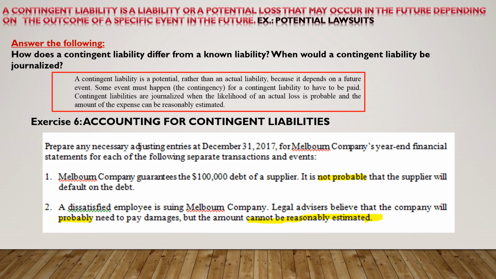Let's start with requirement number 1. Melbourne Company guarantees the $100,000 of the debt of a supplier. It's not probable that the supplier will default on the debt. What is the necessary adjustment entry here?